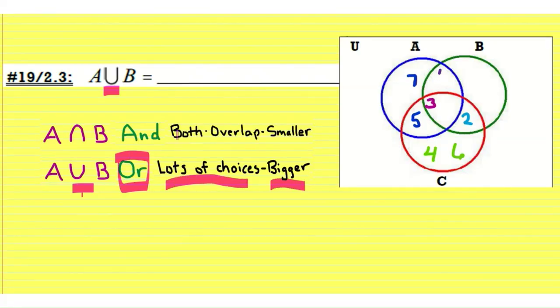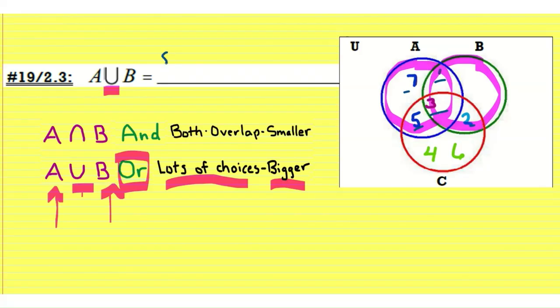We're talking about set A and set B, so everything in set A and everything in set B. We've got lots of choices. So what are all of our choices? We've got 7, 1, 5, 3, and 2. So the union of set A and set B is going to be the set of 7, 1, 5, 3, and 2. That is the answer set of the union of A and B.